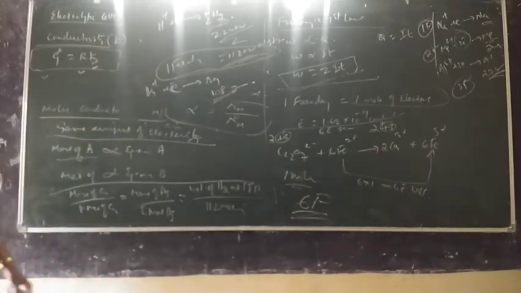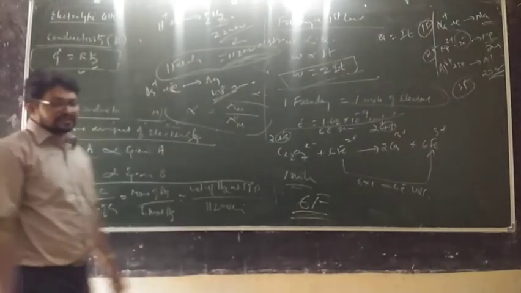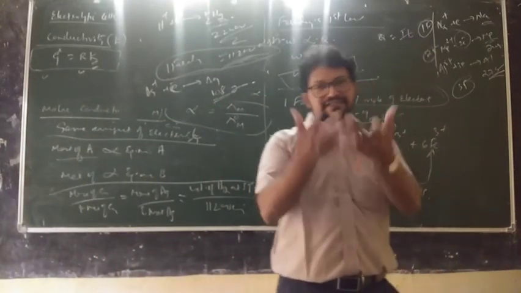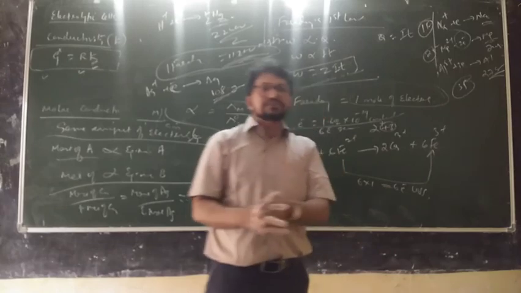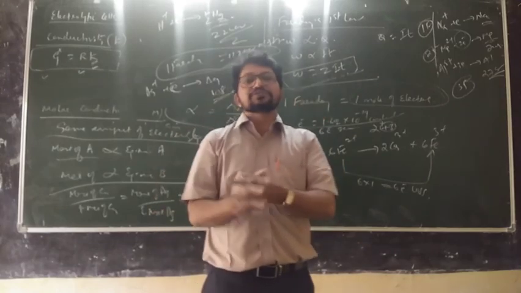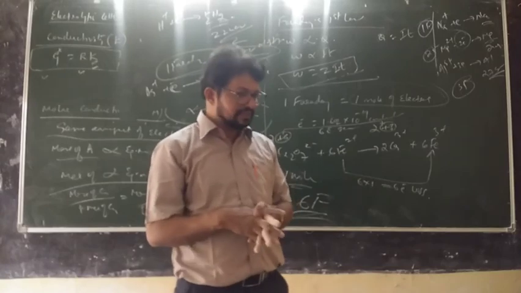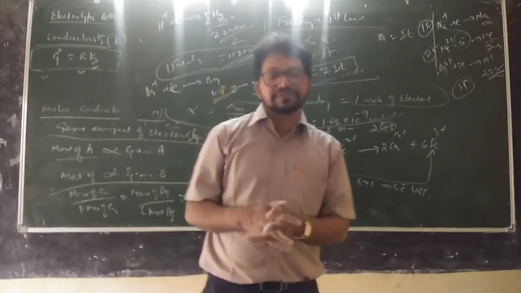These are the equations by which, if any three out of these four are given, the other one can be calculated. Some problems of Faraday's law we also work out for NEET and JEE exams. So this is all about the synopsis part. In the next class I continue with questions.